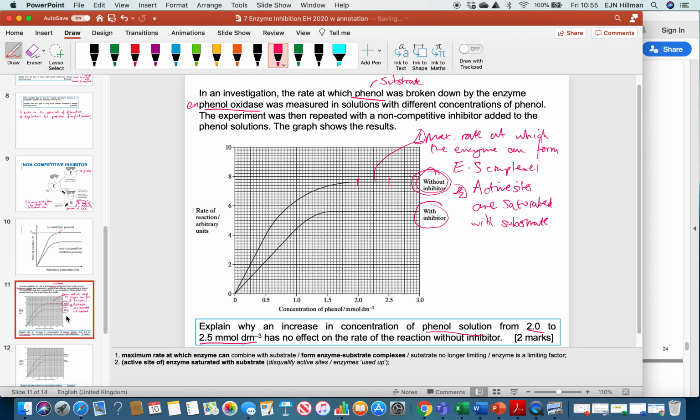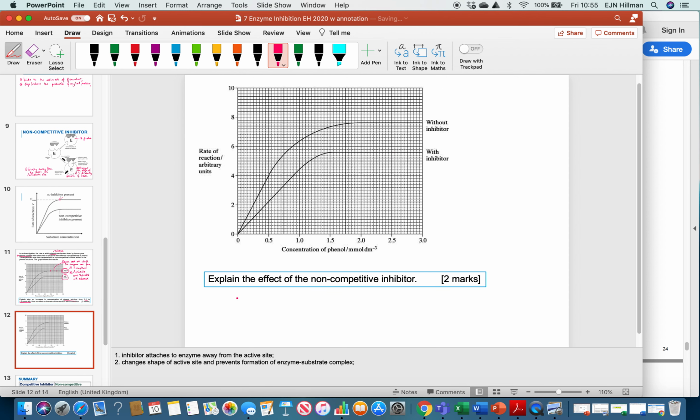In the second part of this question, explain the effect of the non-competitive inhibitor. So, here is our curve with the non-competitive inhibitor, we're explaining the effect. So we don't need to discuss the shape of the curve. We don't need to describe it, we just need to explain why.